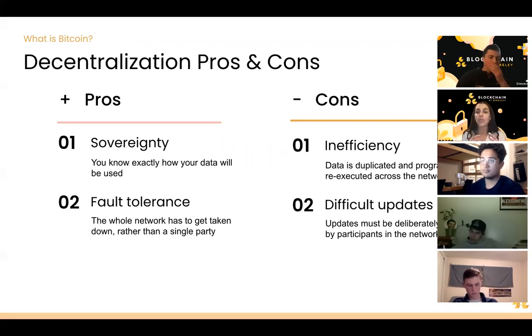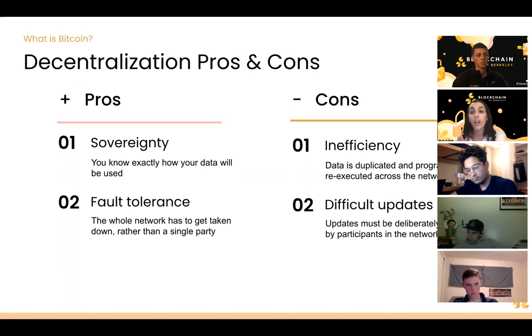Because we have this distributed aspect of blockchains, there's not a single point of failure like with Facebook's database, right? That one person needs to hack into it and access all that data. You need to hack into every single distributed person in the blockchain, which is going to take a lot of work. So it's very fault tolerant. The whole network would have to be taken down instead of just a single party.